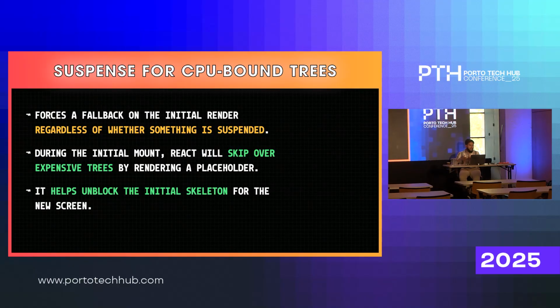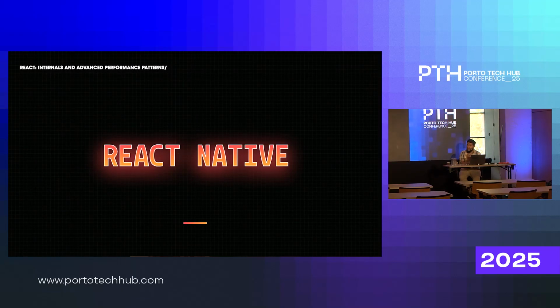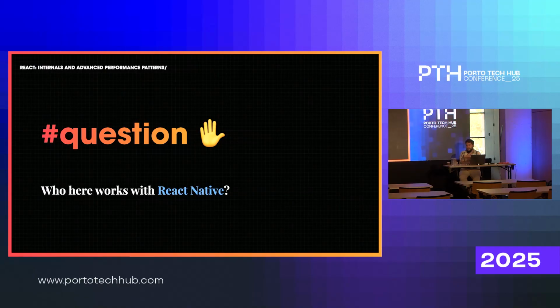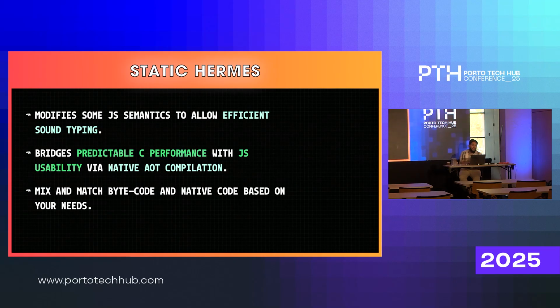So basically, let's say you did some profiling and you figure out that a specific subtree of your component hierarchy is expensive, so you can render the placeholder while you run something that's CPU-bound, because Suspense was initially meant for network-bound stuff. If you're a React Native developer, I was going to ask you to raise your hands, no need for that.